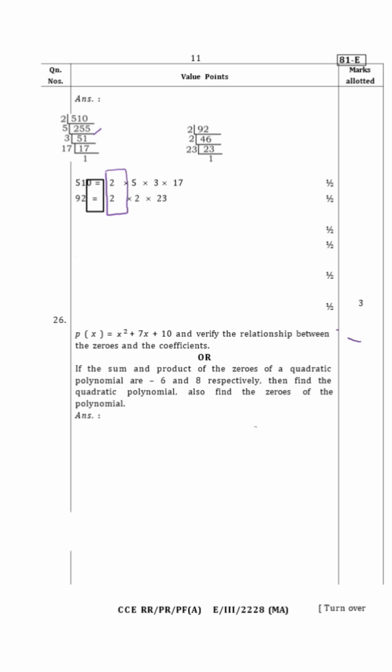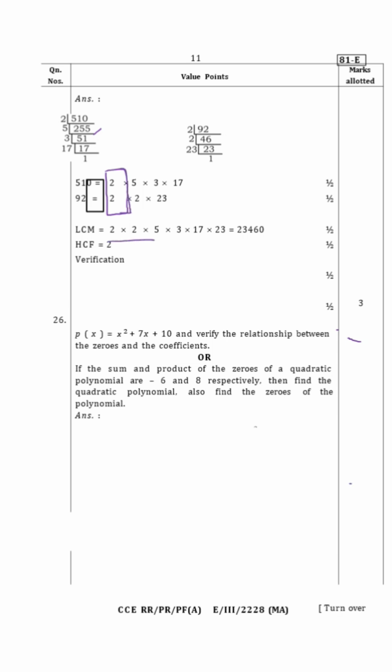So HCF is 2. LCM, you have to write the common factor once: 2 into 5 into 3 into 17 into 2 into 23.